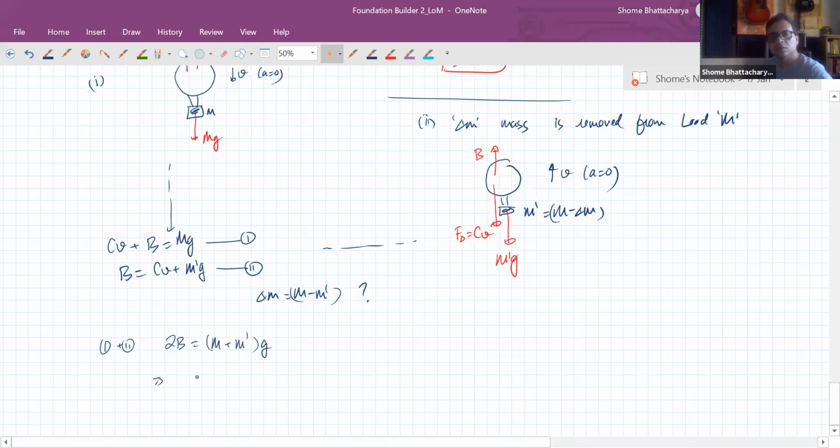So that means M prime is equal to how much? It is 2 times buoyant force by G minus M. Okay. And that is equal to M minus delta M. So delta M should become how much now?